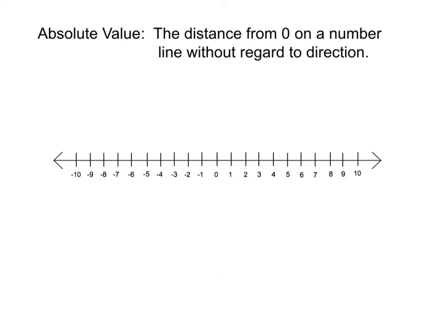Absolute value means the distance from 0 on a number line without regard to direction. And absolute value is indicated by having 2 vertical lines on either side of a number. So for instance, if I were to say to you, what is the absolute value of 3, that is how I would write it. The absolute value of 3 just means how far away is 3 from 0 on a number line, and obviously it is 3 units away.